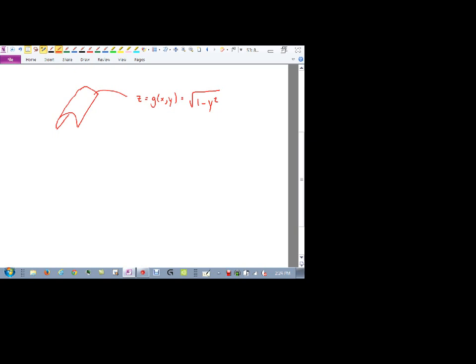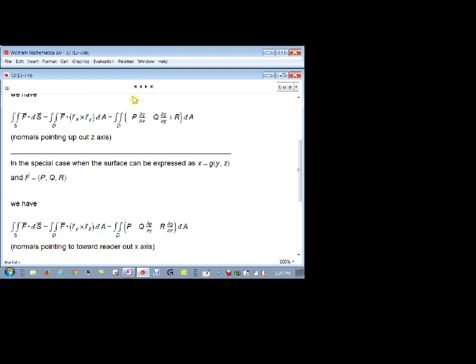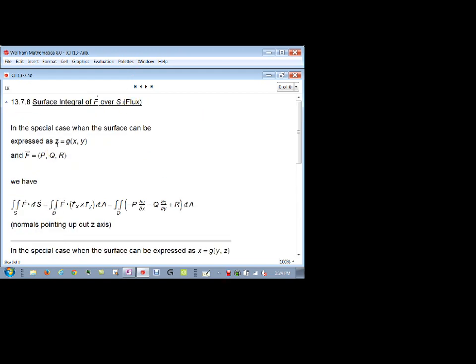The normals on this will point up, which is what we want. The formula we have for this will point these things up. So what's our formula? We defer to this first special case: z is g of x, y, and we want our normals pointing up the z-axis. This is the formula we'll use: negative P, partial g with respect to x, minus Q, partial g with respect to y, plus R.